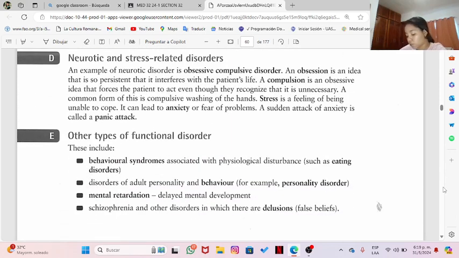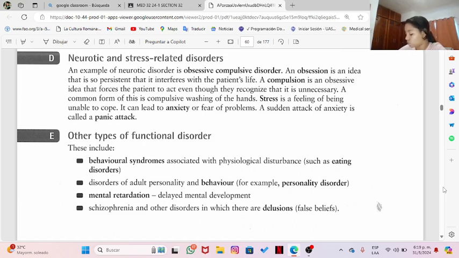Neurotic and stress related disorders. An example of neurotic disorder is obsessive compulsive disorder. An obsession is an idea that is so persistent that it interferes with the patient's life.